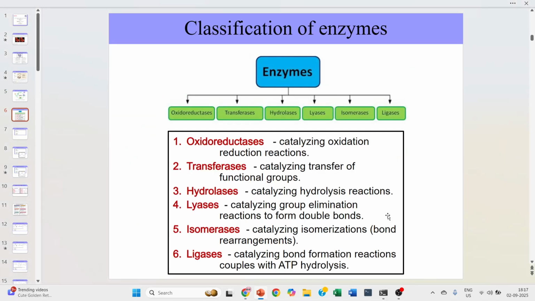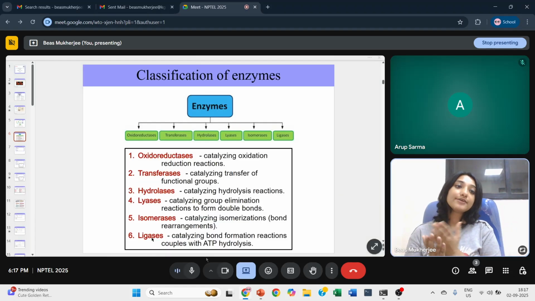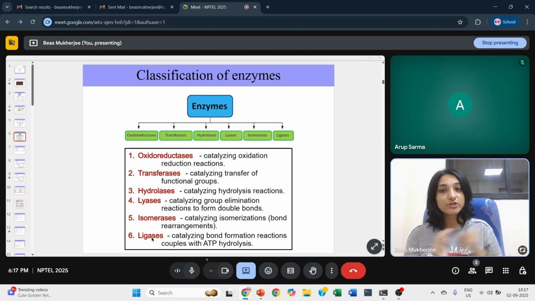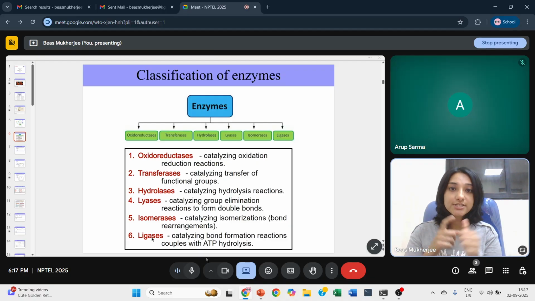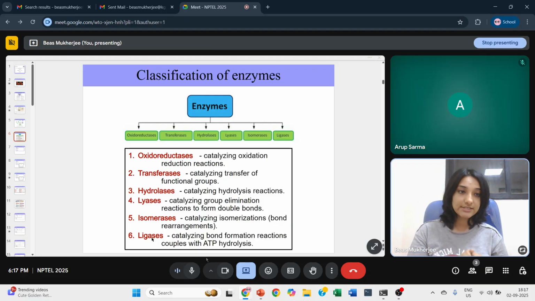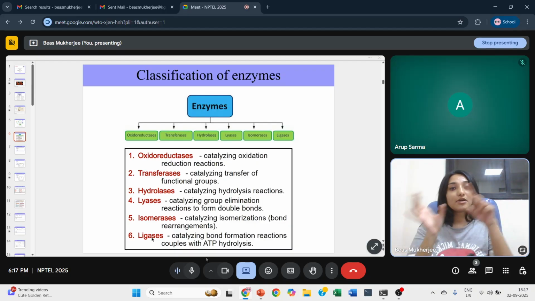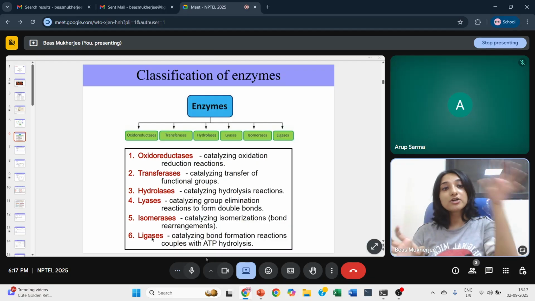Okay. Right. So now the enzymes are classified into 6 different groups. What are they? If they are involved in oxidation and reduction reactions, they are called oxidoreductases. The second group is transferases. That means the enzyme is responsible for transferring a chemical group to another chemical moiety, so transferring of functional groups.